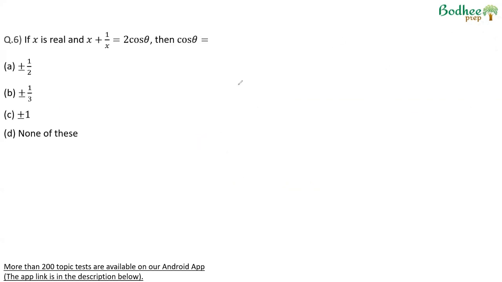If x is real and x plus 1 by x is 2 cos theta, then cos theta is. This is what we'll use to solve or get our answer. X is real. Now, if we rearrange this expression, you'll get x square plus 1 is equal to 2x cos theta, which means we have a quadratic in x.